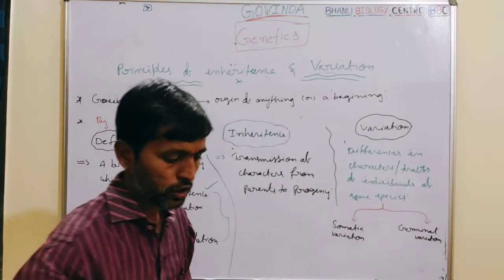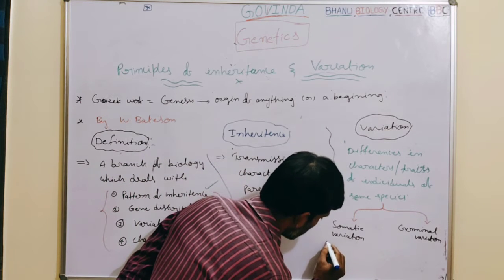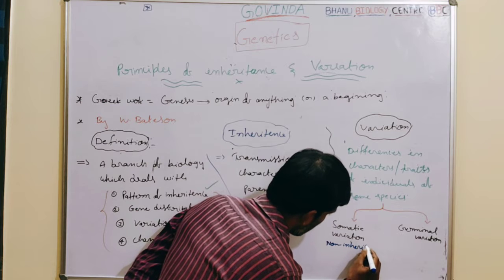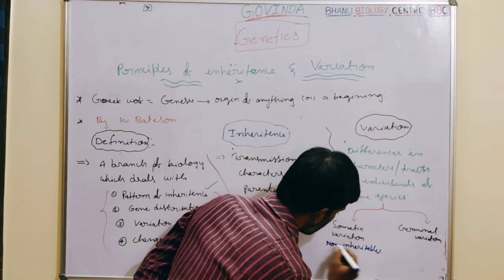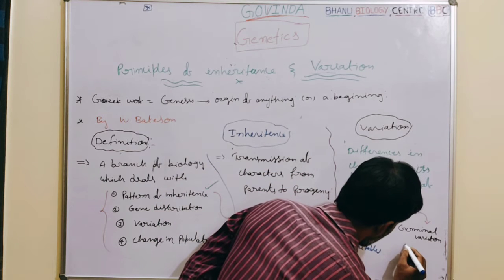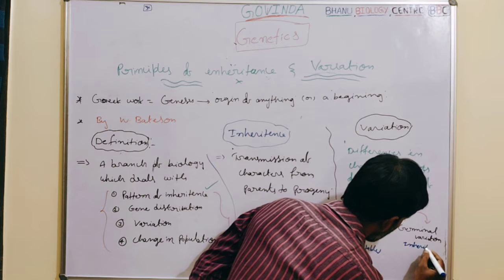Somatic variation and germinal variation. Actually, somatic variation is non-inheritable. It cannot be inherited from parents to progeny. Germinal variation is the inheritable one.